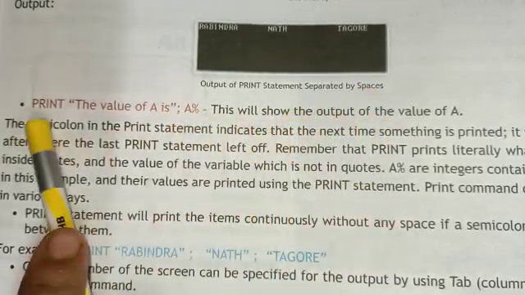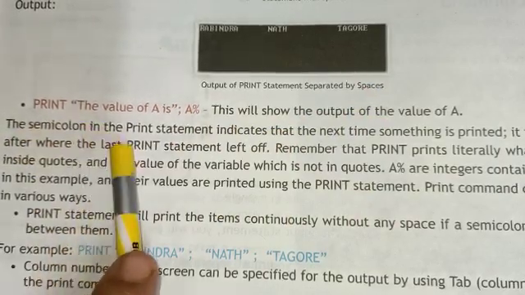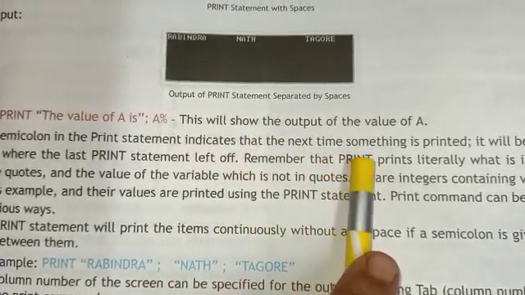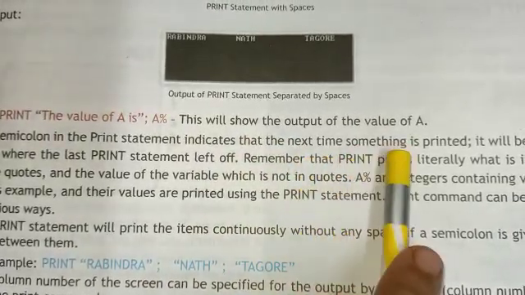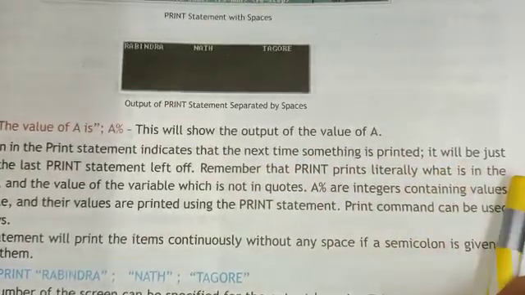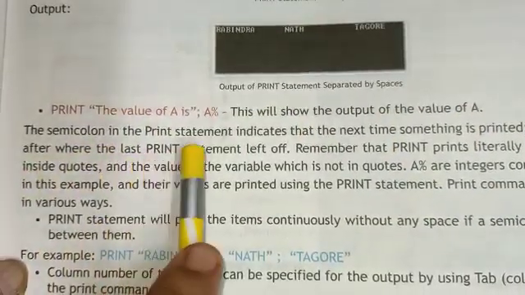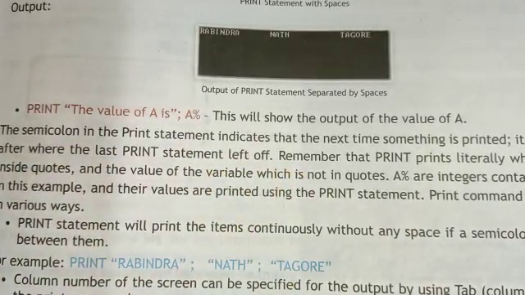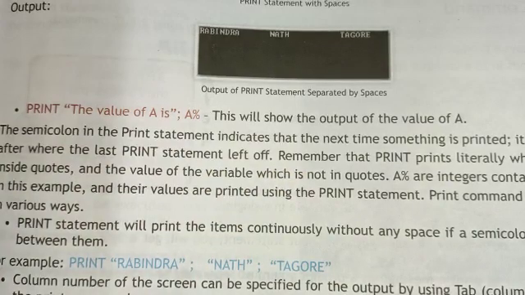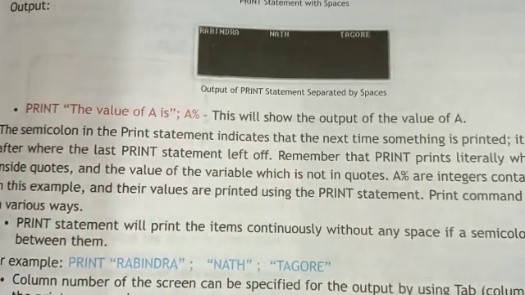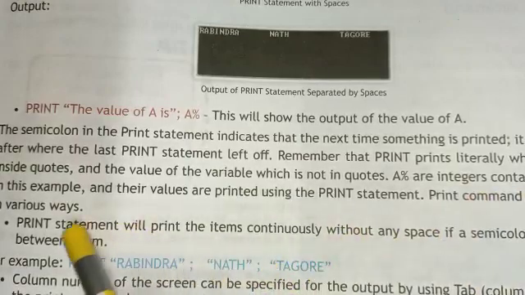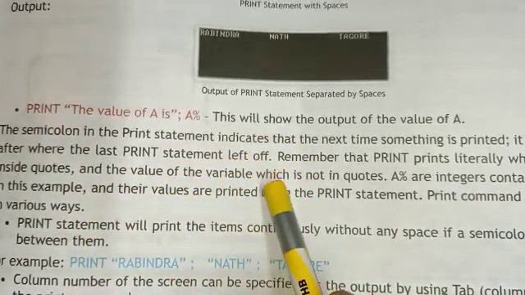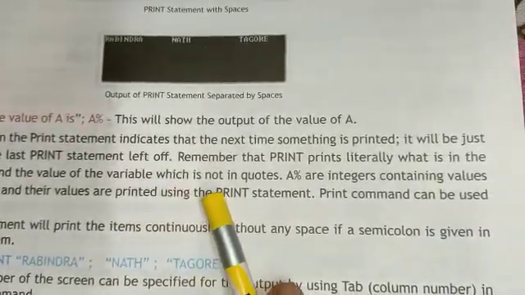The semicolon in the print statement indicates that the next thing to be printed will be printed just after where the last print statement left off. No space will be given.